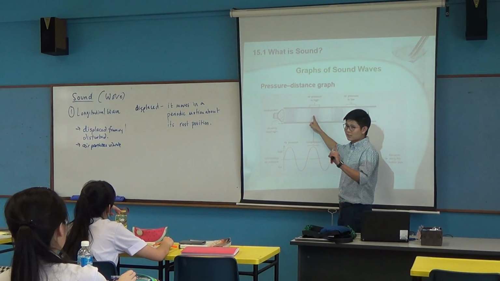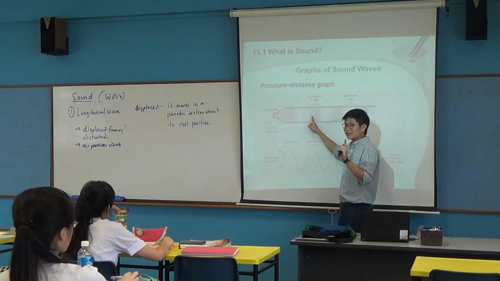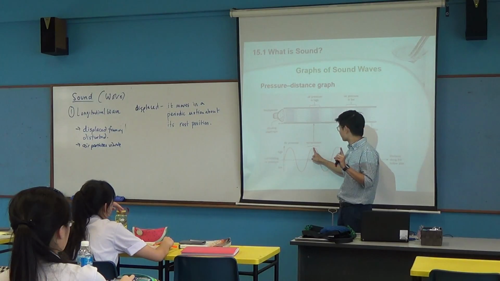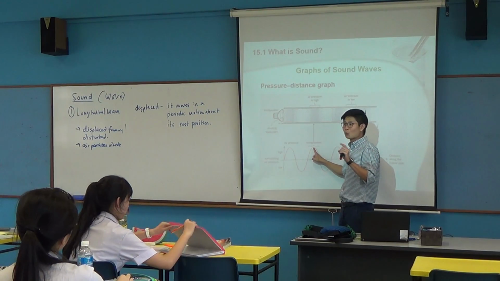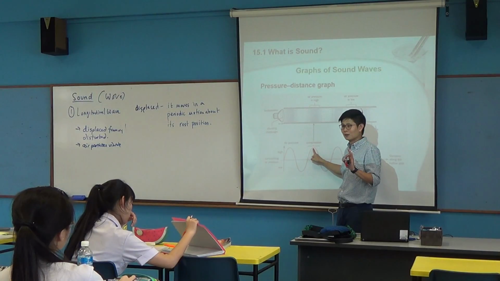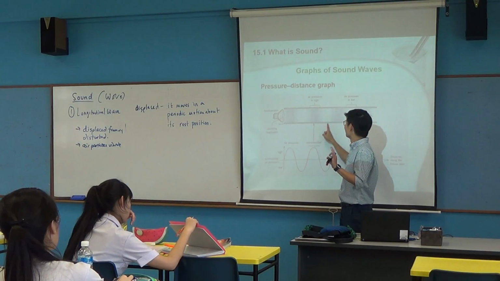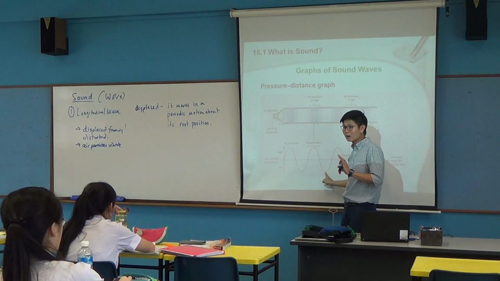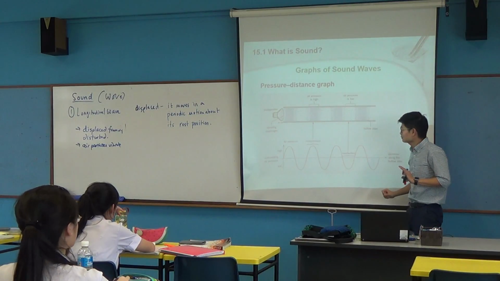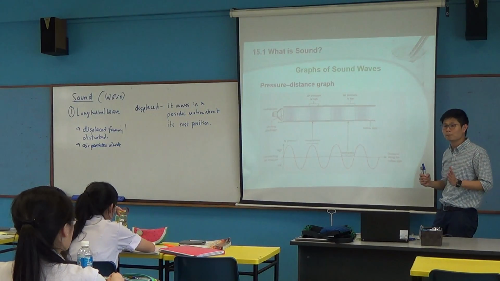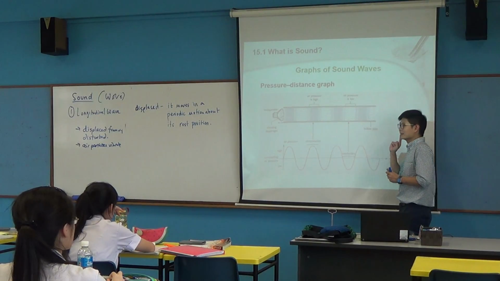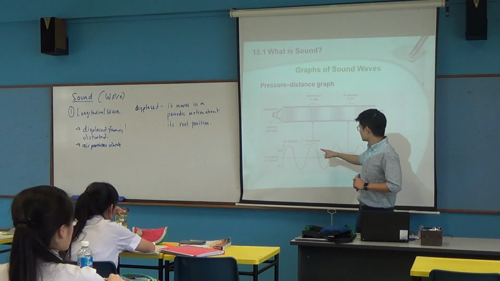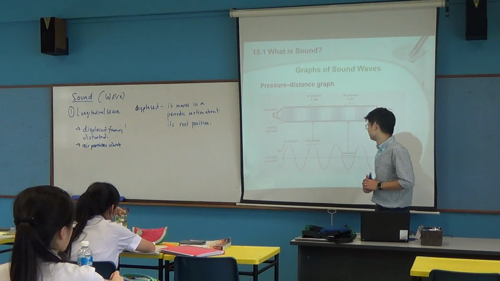Okay. Now, at this point itself, you are going to experience the highest relative air pressure. Alright? But where would you want to be at? You want to be in the middle of a rarefaction, which is coincidentally the lowest air pressure. Makes sense to you? So can you see that other than telling you where is the middle of compression and where is the middle of rarefaction, what does this curly arrow tell you?